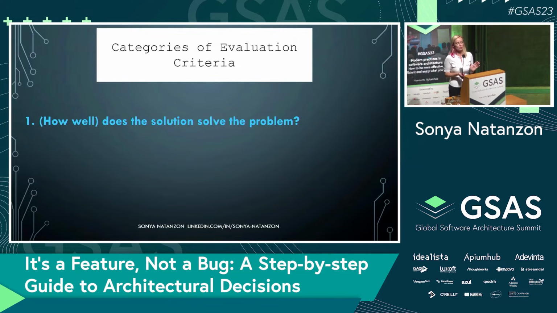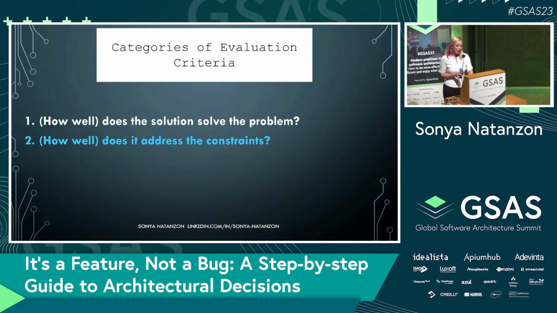It is always surprising to me how many solutions I've seen that don't address the problem, sometimes completely, sometimes partially. 2, how well does it address the constraints? So we worked through a whole bunch of constraints and we need to make sure that they're addressed in our solution. Some of those are going to be more rigid and more important. Others will be more flexible, less important, but we need to look at all of them.